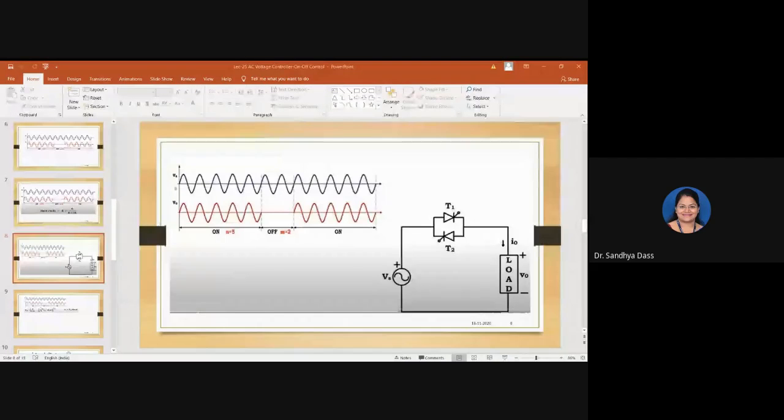That means the load will be getting an AC signal. Using this power circuit, you can control the AC signal fed to the load. So how do we do that? There are the two methods we just discussed: the integral cycle control method and the phase control method. Thank you, Divij.